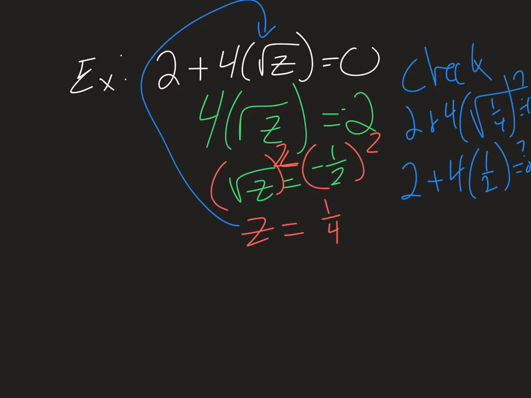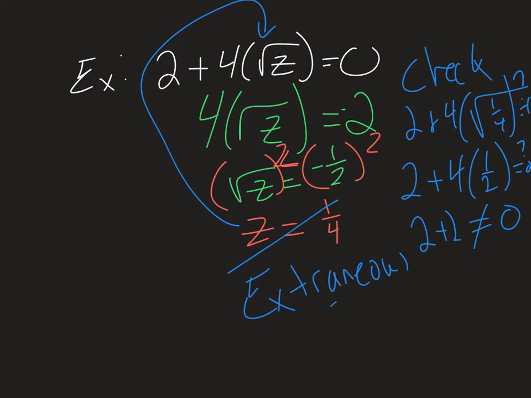And we want to know if 2 plus 2 equals 0. Well, 2 plus 2 does not equal 0. It's 4. So this, z equals 1/4, is an extraneous solution. So ultimately, how I would answer this question is that there is no solution.